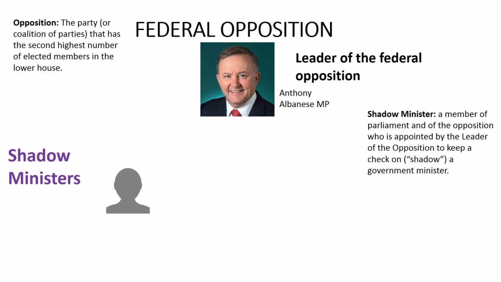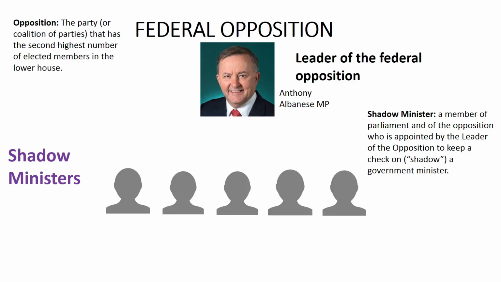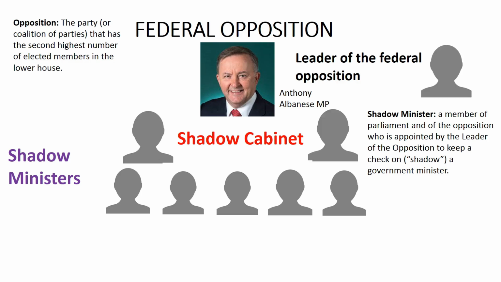So Mr Albanese has appointed a number of members of his party, drawn from the House of Representatives and also from the Senate, and he's appointed those people to be shadow ministers. Now, some of those shadow ministers are more senior than others, and again, those more senior members, together with the leader of the opposition, make up the shadow cabinet.